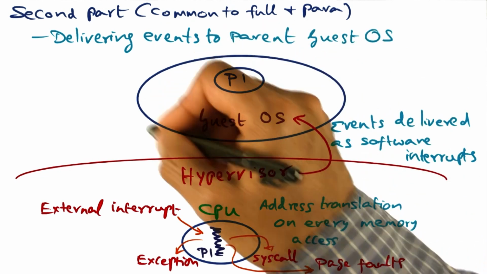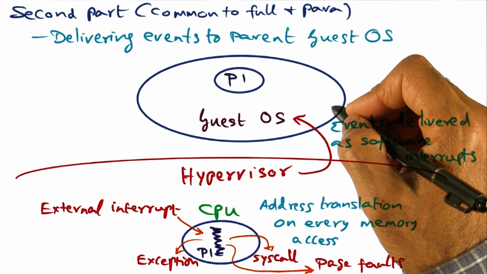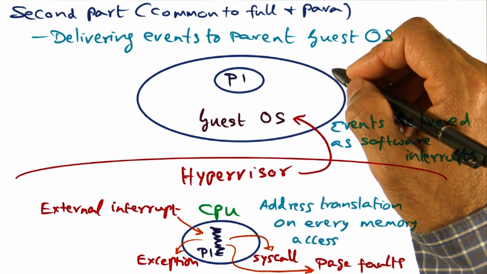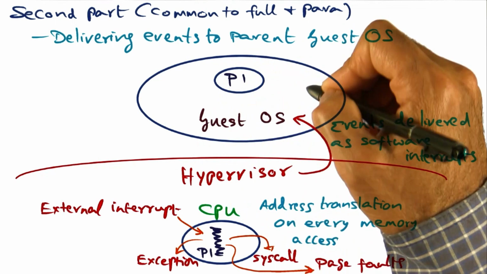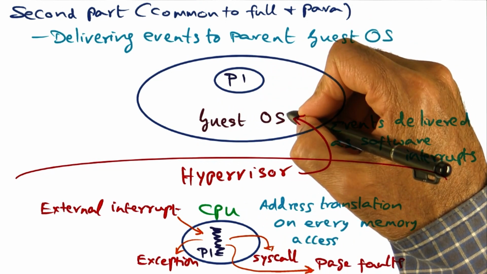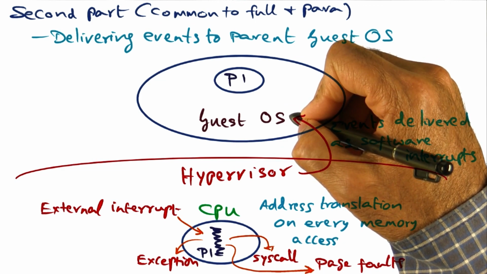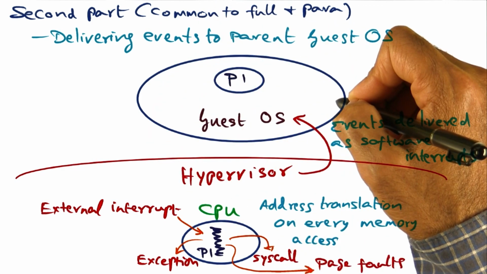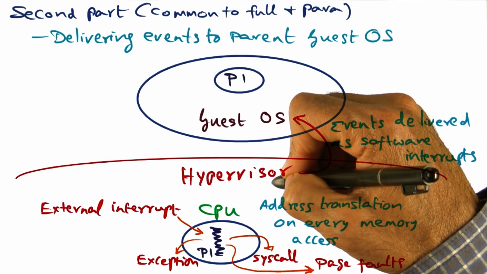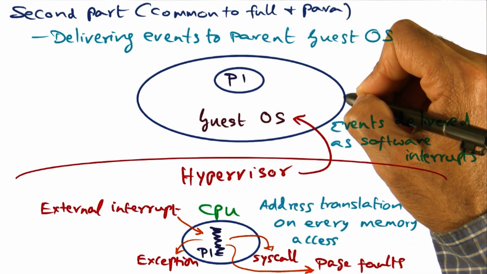This is a problem especially in a fully virtualized environment, because in the fully virtualized environment, the guest operating system has no knowledge that it does not have the privileges. So when it tries to execute some instruction that can be executed only in privileged mode, the expectation is that it'll trap, get into the hypervisor, and the hypervisor will then do the work that the fully virtualized guest operating system was intending to do.